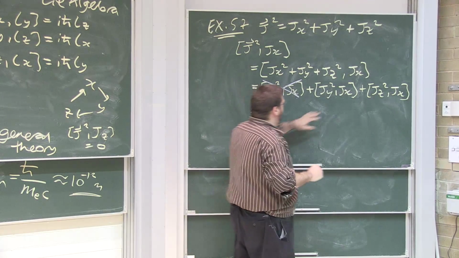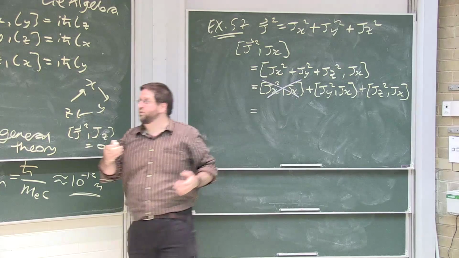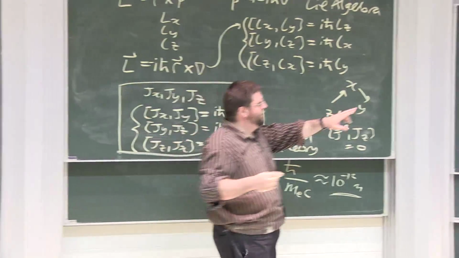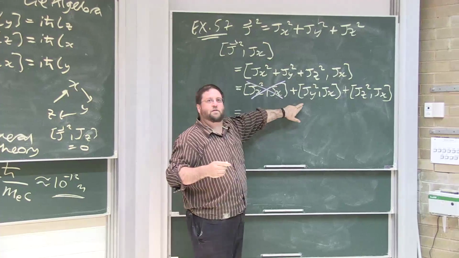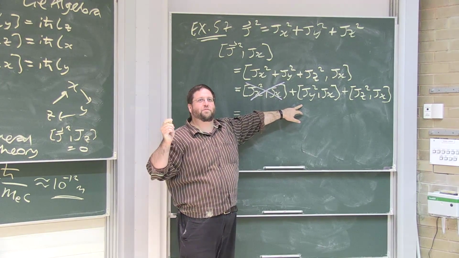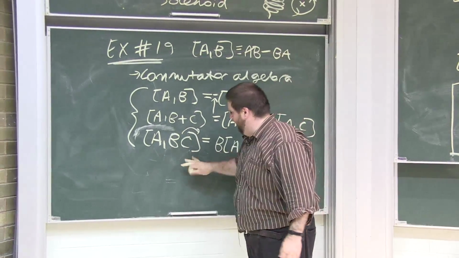Now I want to manipulate this one. What would you recommend that I do with this term here? Should I apply rules 1, 2 or 3, or none of the above? Third one. So let's apply the third one.